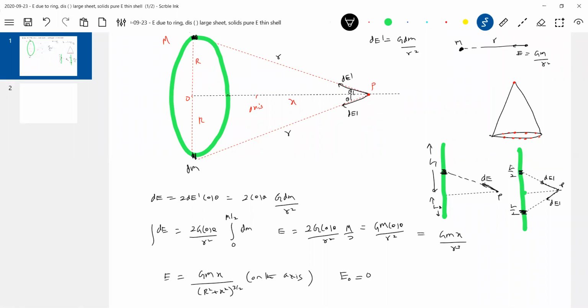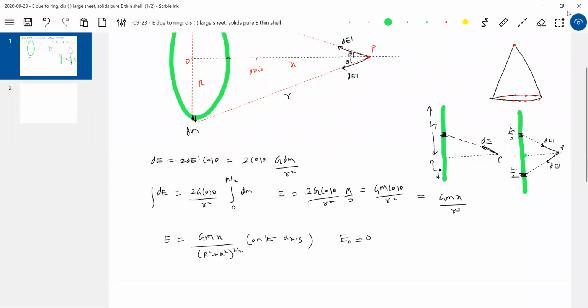Now look at this. It is something variable, no? At x equal to infinity it will be 0. It is 0 at the center of the ring, and at infinity also 0. So let me check whether any maximum or minimum exists.